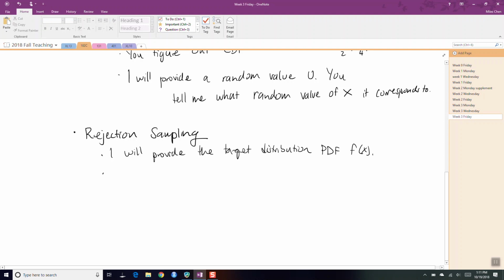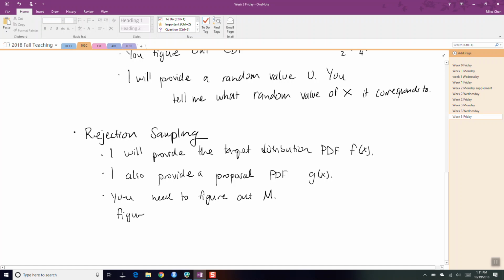I'll also provide a proposal PDF, g of x, okay? And then you need to figure out M, and figure out the expected acceptance rate, I guess in the long run.